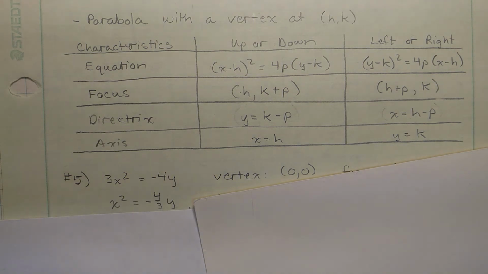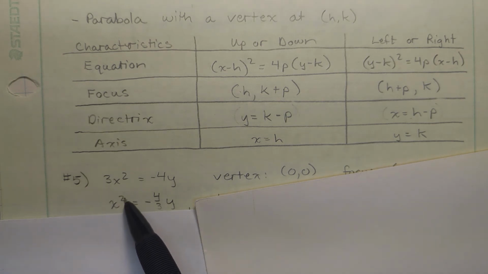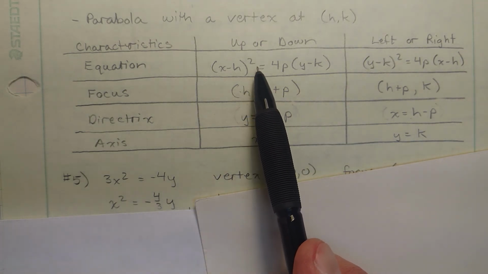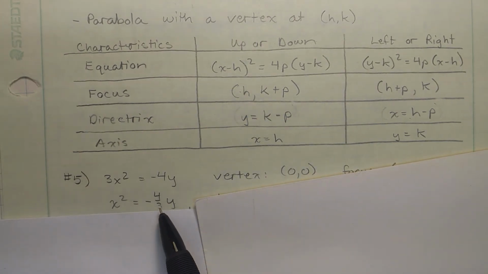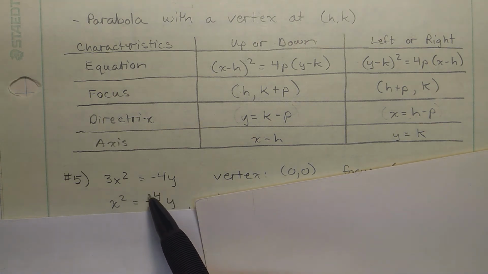The focus is going to be, I have to ask myself, is this vertical or is this horizontal? Well, since the x is squared, we know it's of the form where it's vertical. So my p here, this negative 4/3 is my 4p.